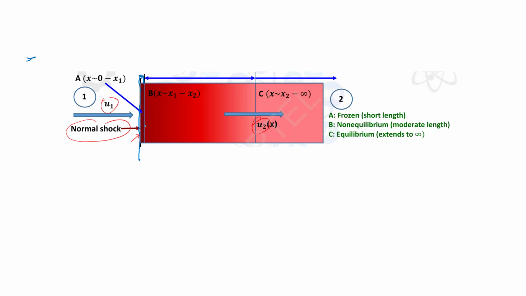After that, due to this high temperature, the chemical and vibrational non-equilibrium will start, and this flow will be in non-equilibrium, and it will take some time for this flow to attain equilibrium. So for some distance, let's say x1 to x2, this flow will remain non-equilibrium.